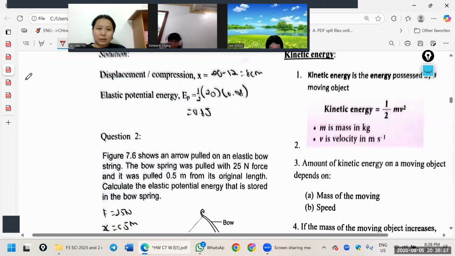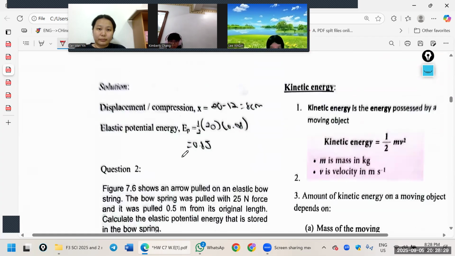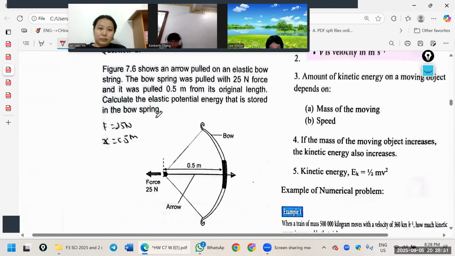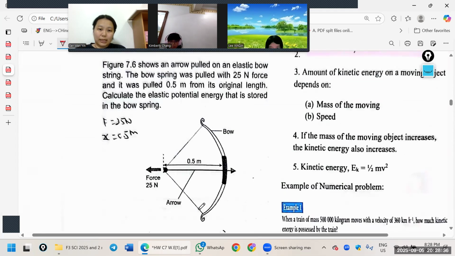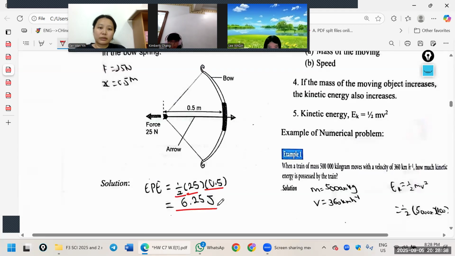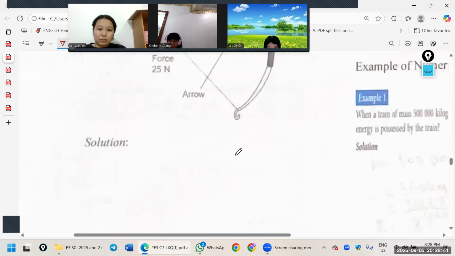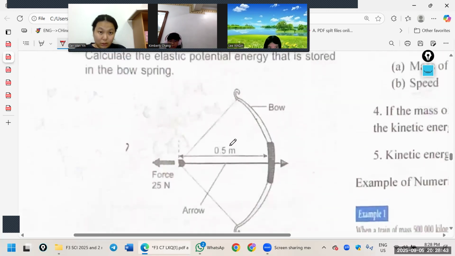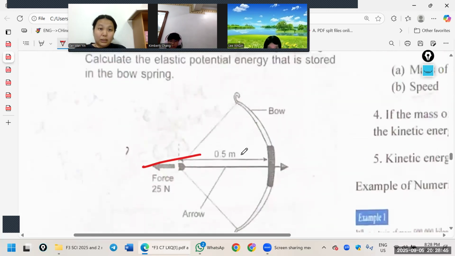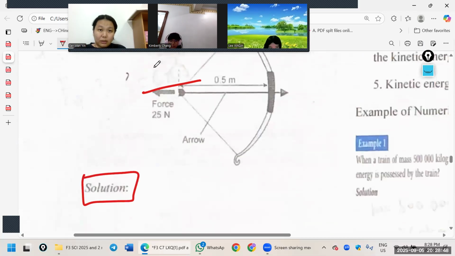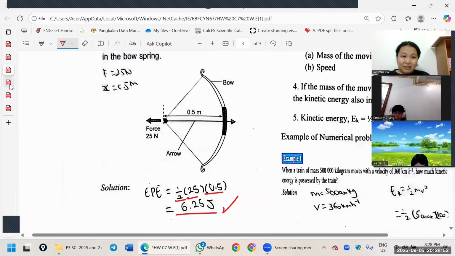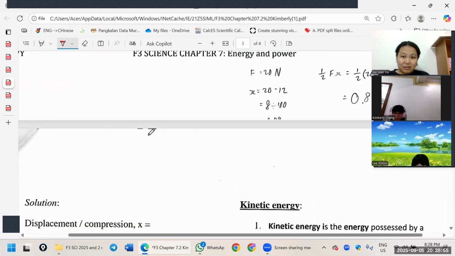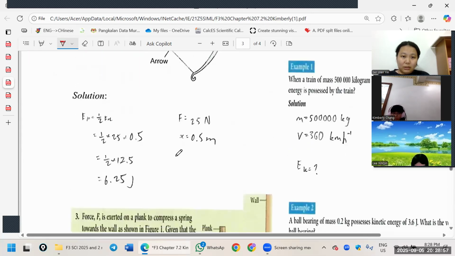Okay, so this one is half fx. Half fx. Correct. 哎，怎么这个没有做？还是你做了我看不到？姐姐，你坐在这里好吗？Yeah, so this is half fx.